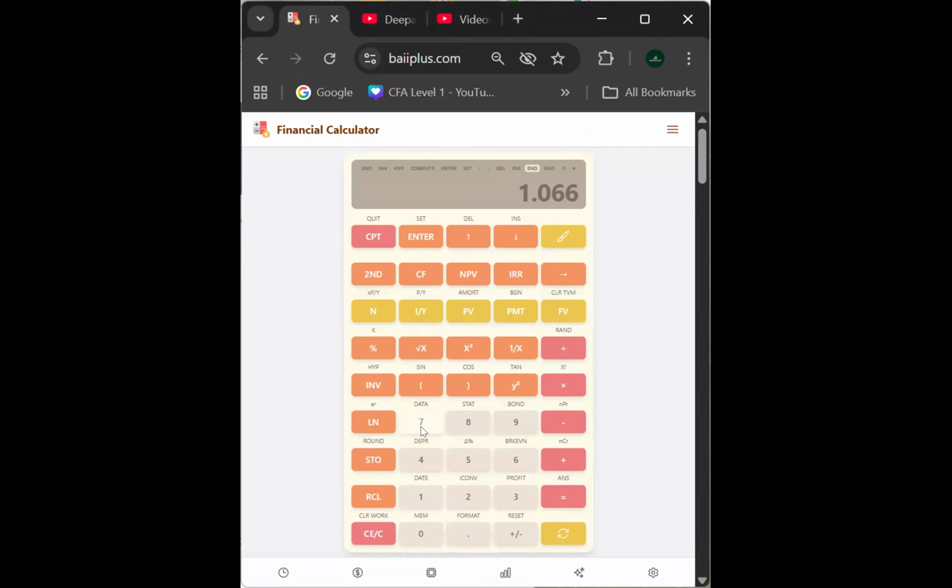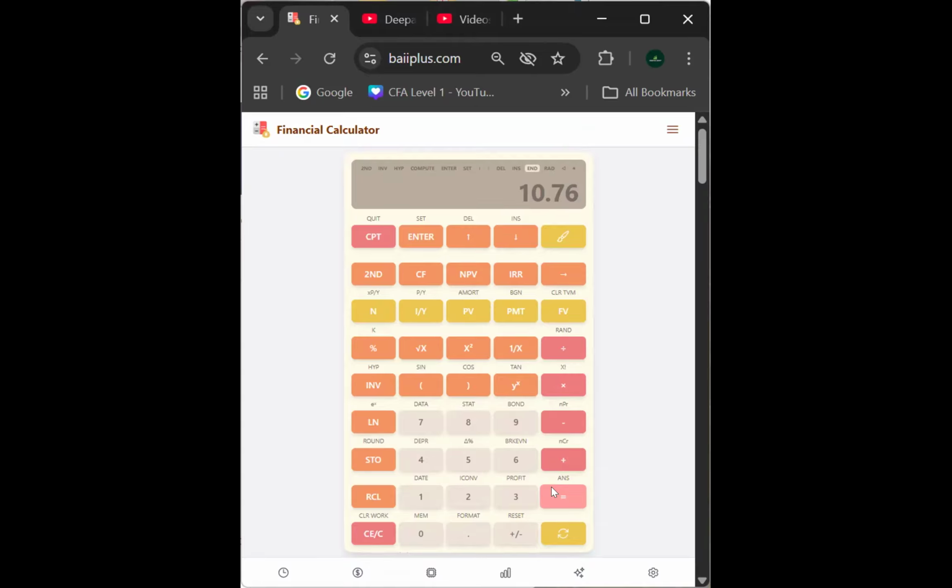Now I'm going to raise it to the power of 1/2, subtract 1 from this, and then multiply by 100, and this will give me an approximate value of 10.76.